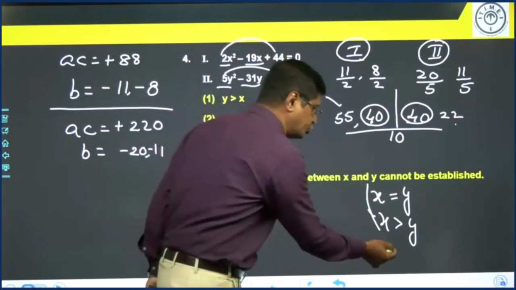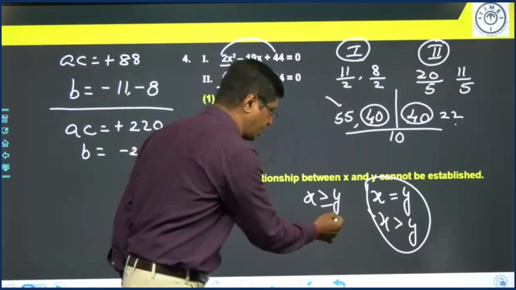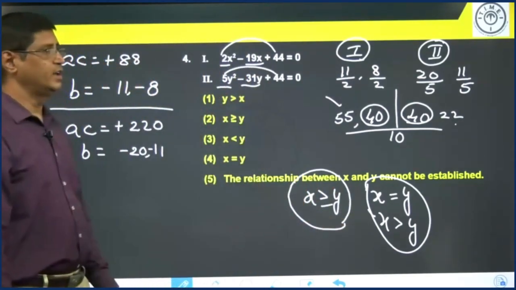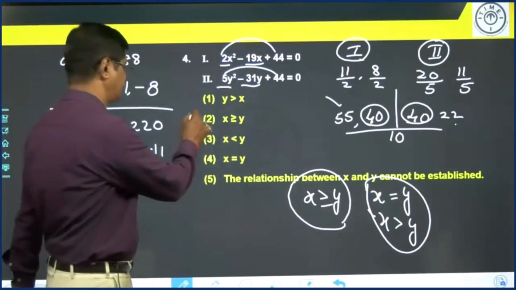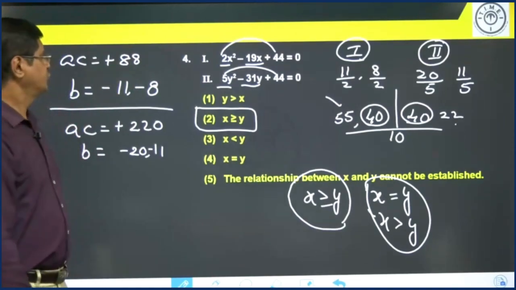Combining these two, what is the result? X greater than or equal to y. Now what is the right choice? Option number 2. The second choice is the right choice.